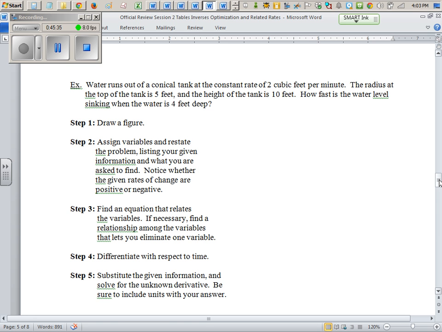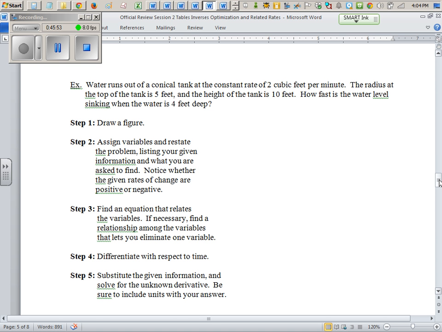Yeah. So if they say the height is constant, like it's not changing, then you just write h instead of dh dt. No, you would assume that dh dt is officially 0. Its rate of change is none.